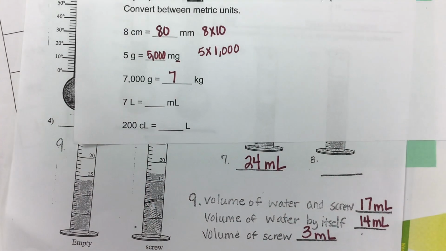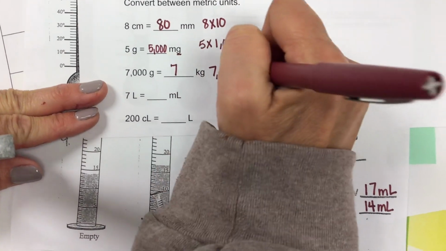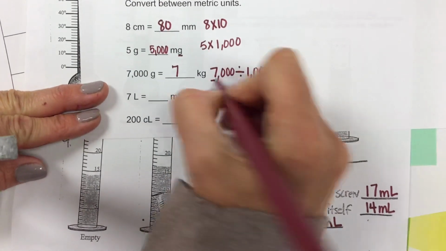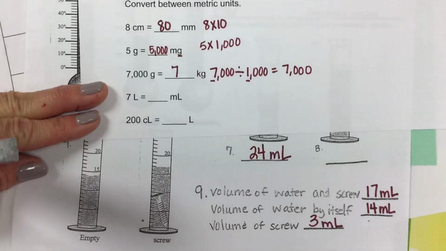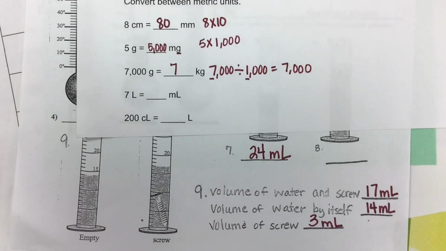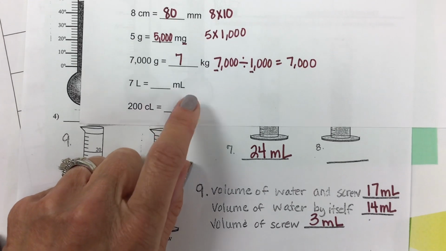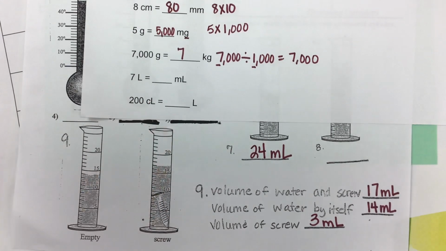So that's actually 7,000 divided by 1,000. 7 divided by 1 is 7, and then add your 3 zeros. Okay, 7 liters is how many milliliters? There's 1,000 milliliters in 1 liter. So how many milliliters are in 7 liters?